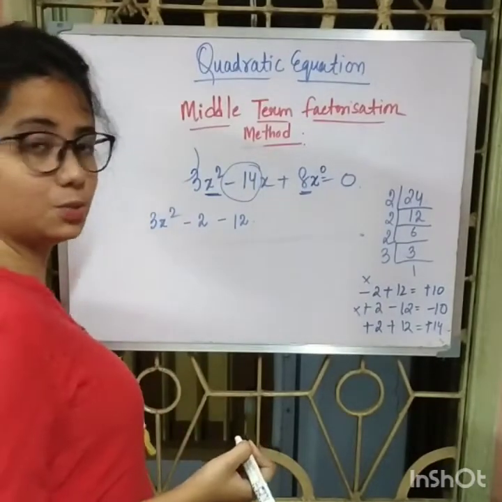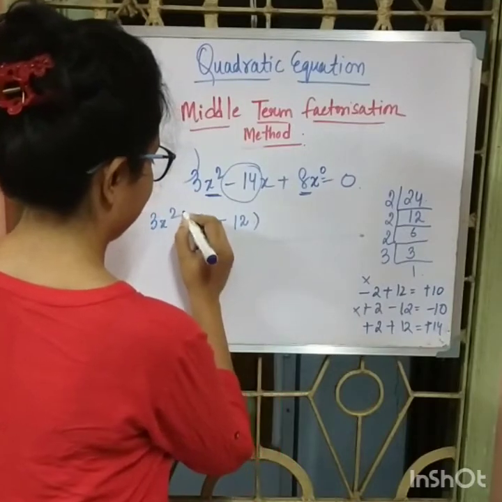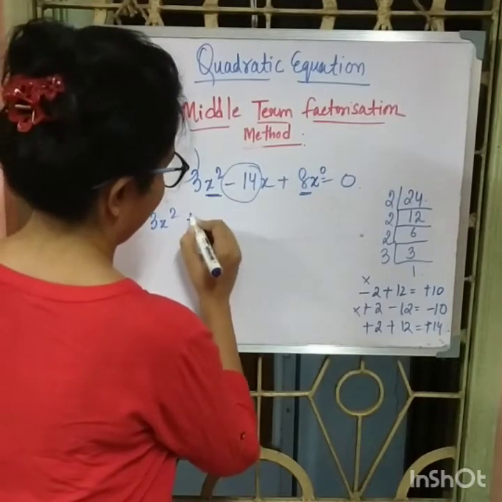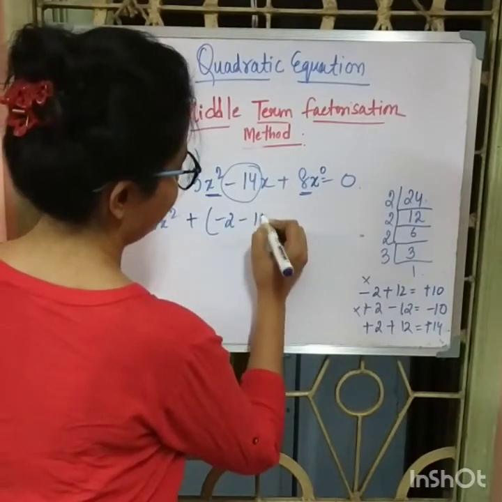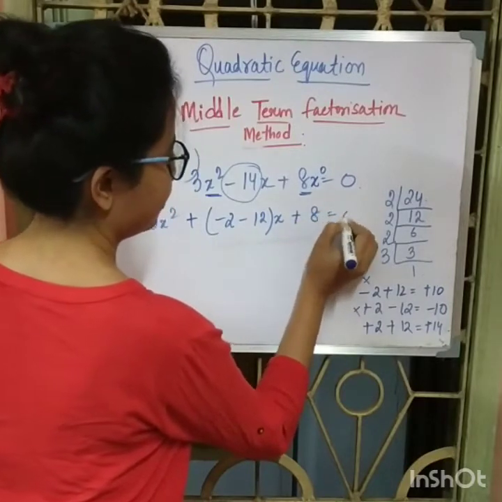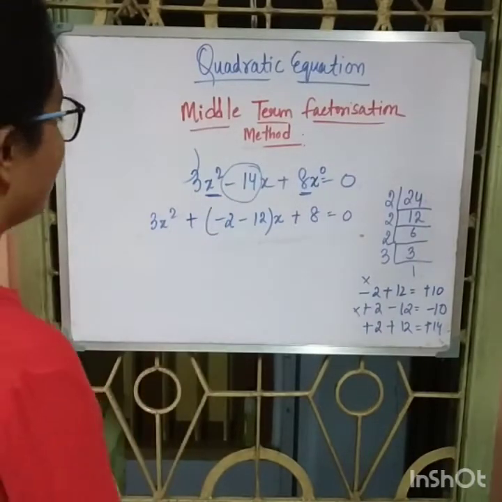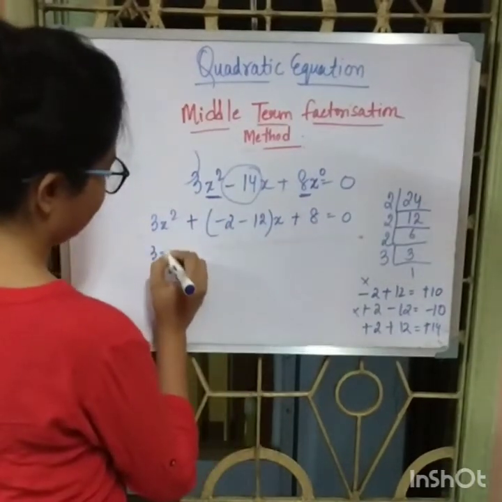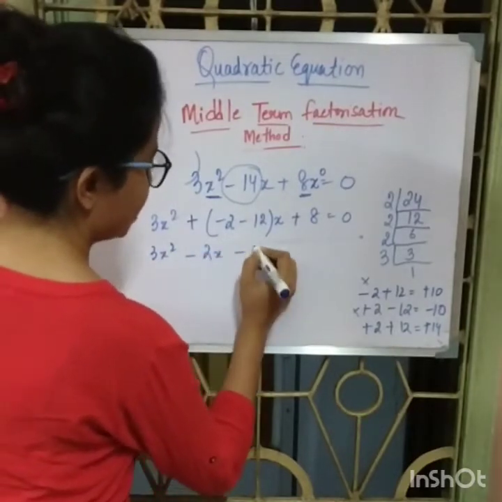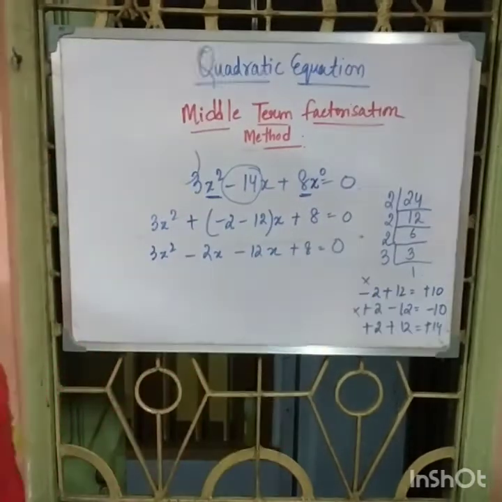We can write it this way. Minus 2 minus 12x plus 8 is equal to 0. See, we are getting a minus sign here, so we'll open up the brackets. Plus into minus 2x minus 12x plus 8 is equal to 0.